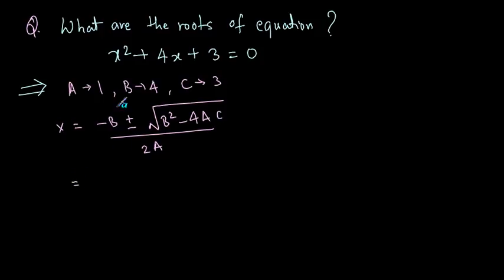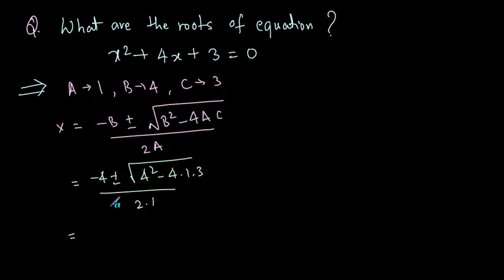Let's put the values of a, b and c in this formula and get the value of x. x equals minus of 4 plus minus under root 4 squared minus 4 into a, which is 1, into c, which is 3, divided by 2a, so 2 into 1.